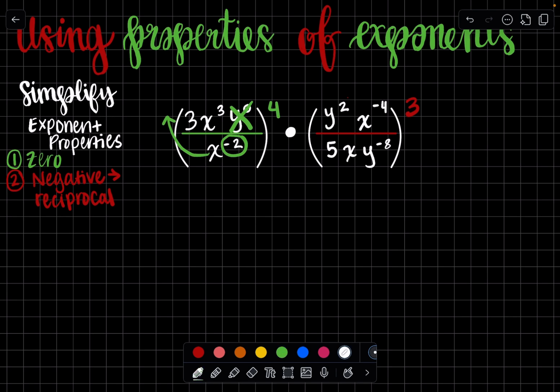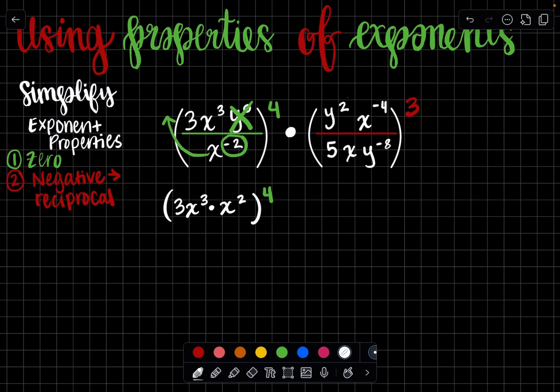So now I will rewrite my expression, just the green side. I have 3x to the power of 3. We eliminated y to the power of 0, so we don't need to put that. And then x to the power of 2, and all of this is being raised to the power of 4.